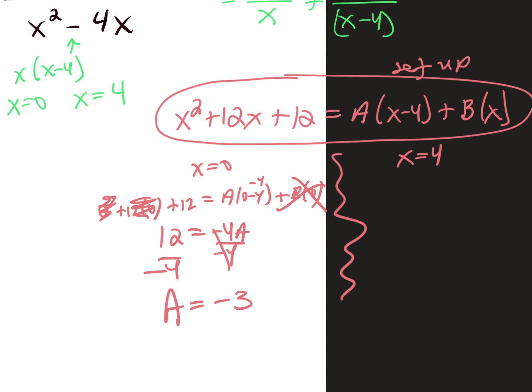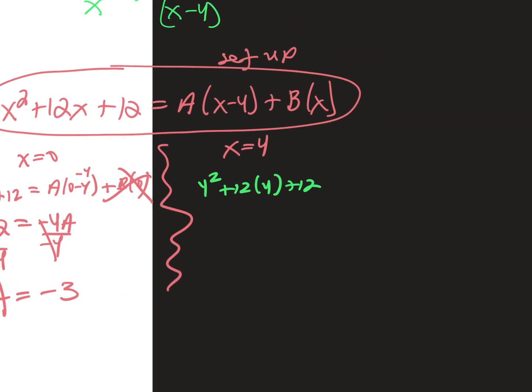All right, we're going to do the same thing on the right-hand side, just solve with 4. So I have 4 squared plus 12 times 4 plus 12 equals a times 4 minus 4 plus b times 4.